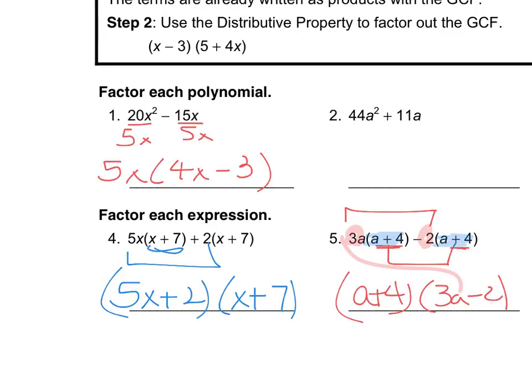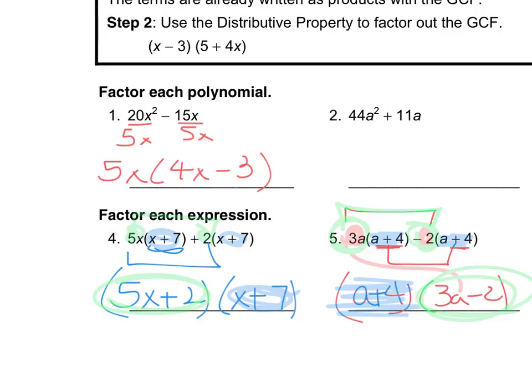You write that one time, and then take the 2 things that are outside, and that gets grouped together in a parenthesis. This one you don't solve. It's already been factored for you. What about number 4? Number 4 is the same thing. See how the x plus 7 is the same? You write it once, and then take the 2 things that are outside. No, you could put the x plus 7 first.